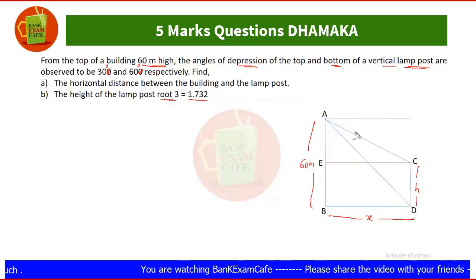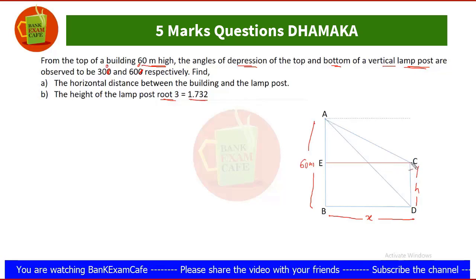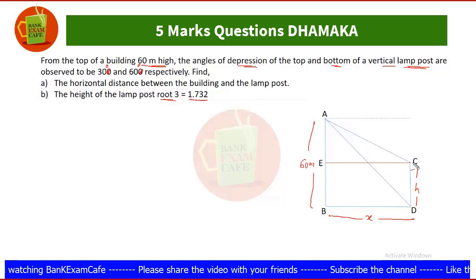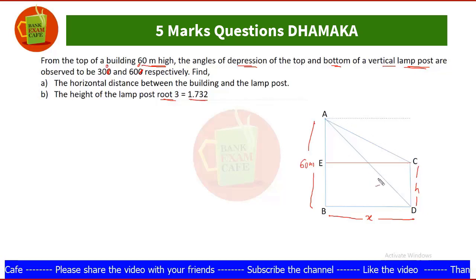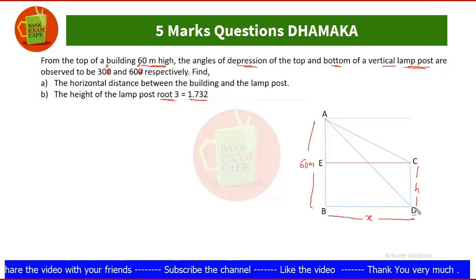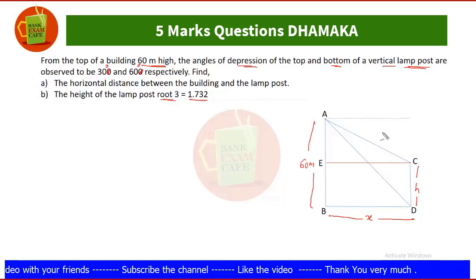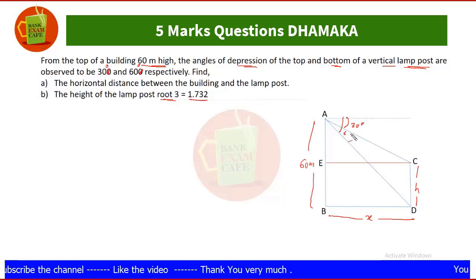It is given that from the top of the building, when he observes the top of the lamp post, the angle of depression is given, and when he observes the bottom of the lamp post, the angle of depression is given. So this angle is 30 degree and this angle is 60 degree.